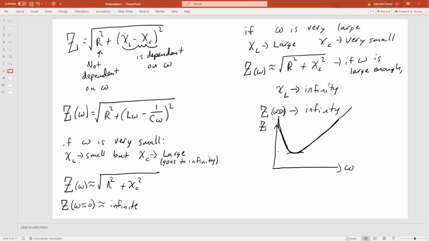But what we're interested in is this point right here. Okay? What this means is, if I apply this to Ohm's law, abbreviated, if I is equal to V over Z, then what this means is that if Z is really large, I must be really, really small.